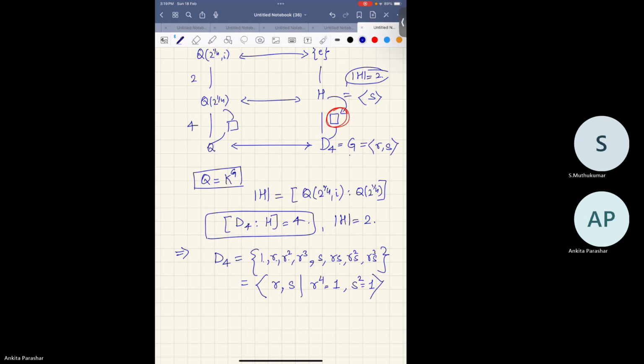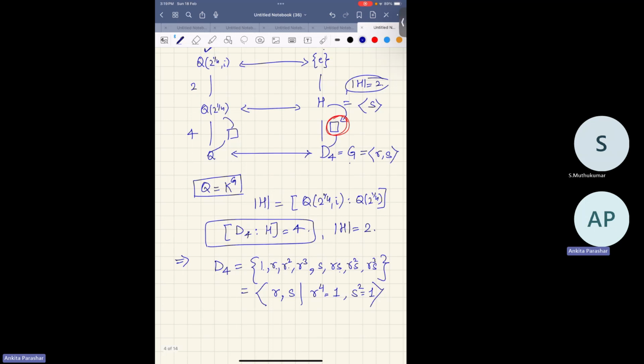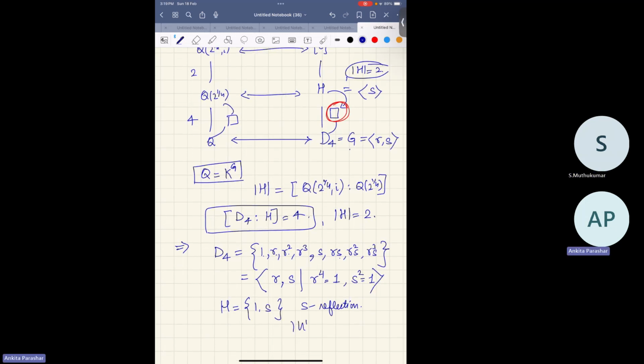If you see, the order 2 subgroup is generated by S, because I want the fixed field of Q 2 power 1 by 4. So H is nothing but 1 comma S, where S is a reflection. Then the order of H is nothing but 2.